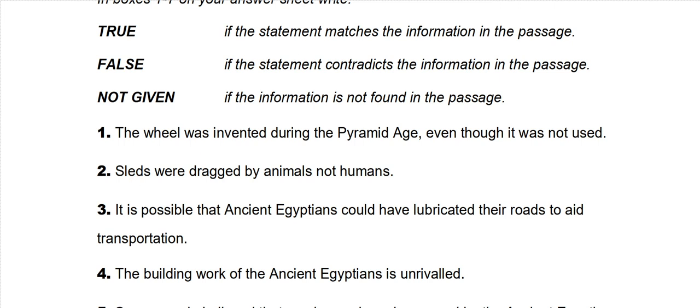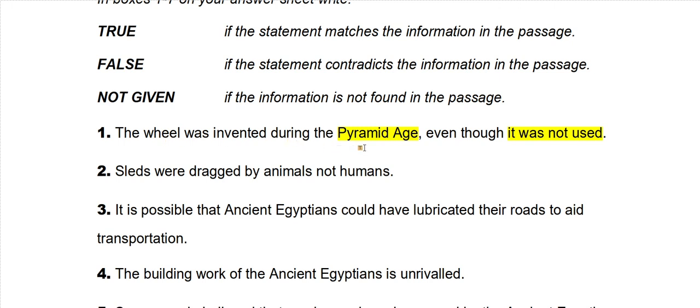In this particular question we have to find whether the wheel was invented during the pyramid age or not, and the information we are given is that it was not used. People were not using the wheel. That is the factual statement of this question, but we have to find whether it is true, false, or not given, that is, whether the wheel was invented during the pyramid age.